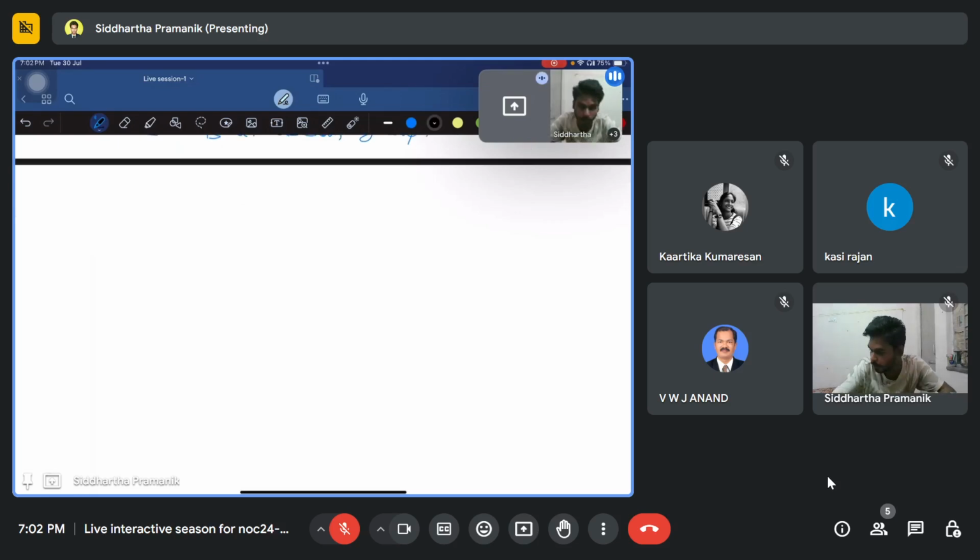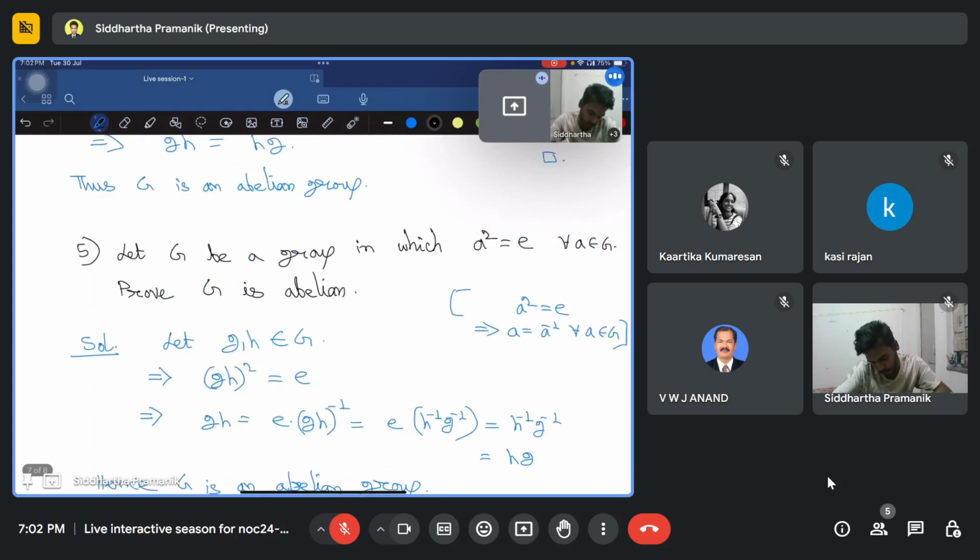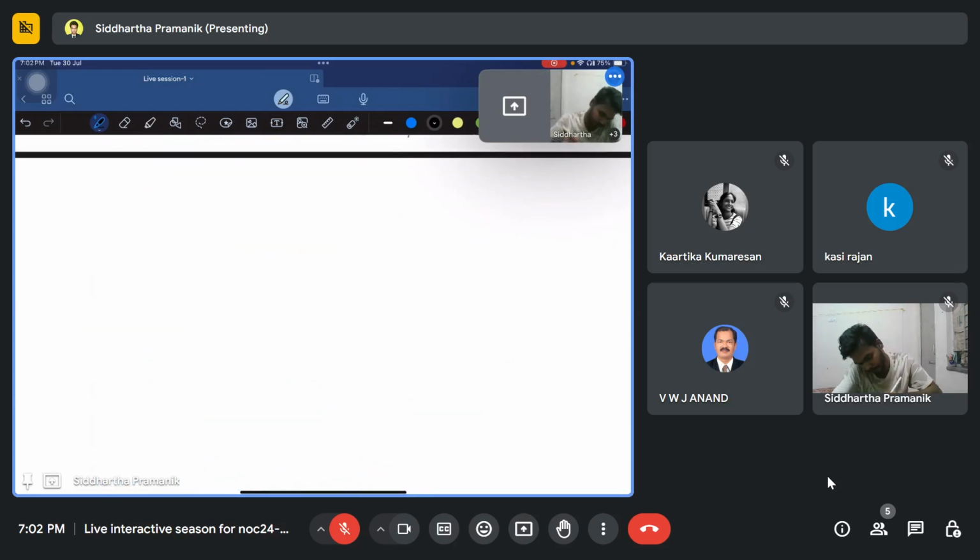Okay, so I have one more characterization for abelian groups. So this is problem number 6. Let G be a group.